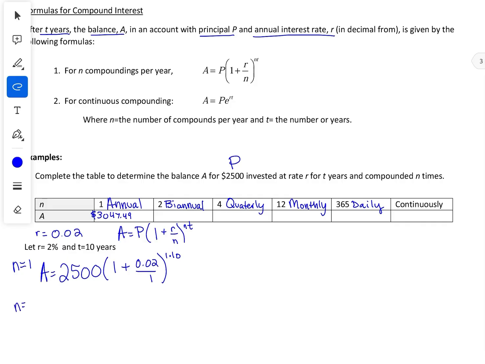Let's look at when N is 2. A equals 2,500. The only thing that we're changing is the N. So 1 plus 0.02 over 2, and then 2 times 10. We'll plug that into the calculator. It comes out to be 3,050.48.